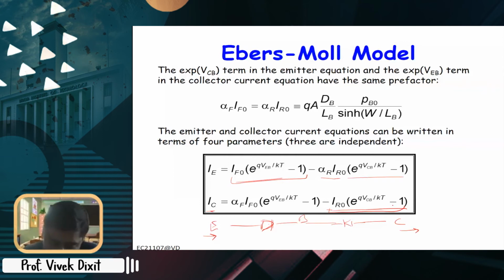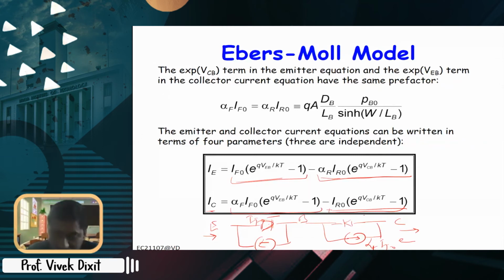Then there are transfer components. Due to this VCB, there is a current alpha R times IR naught, which will appear here at the base-emitter junction. And this alpha F times IF naught is the current which will appear here. So this is IF naught exponential thing, this is alpha F times IF naught, and those exponential things, this will be IR naught, and this will be alpha R times IR naught.